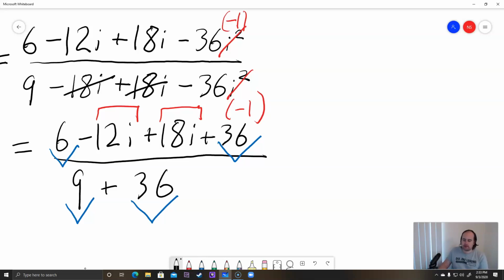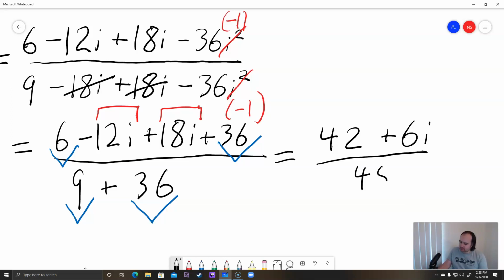Combining all that, on the top, 6 plus 36 is 42, and negative 12i plus 18i gives us positive 6i. So on the top, we have 42 plus 6i. On the bottom, 9 plus 36 is 45, so we have 45 in the denominator.